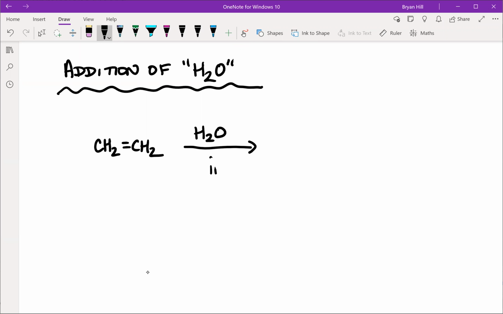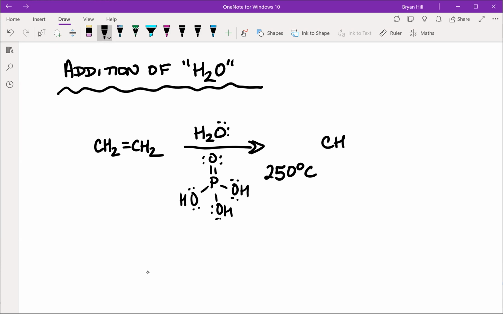So let's add a little lone pairs here. And the temperature is quite high. And so we end up making ethanol through adding water across the double bond here.